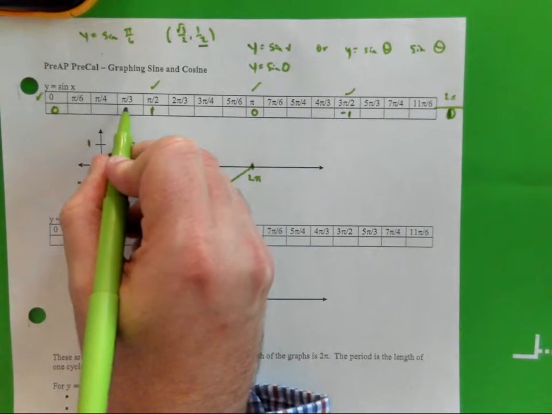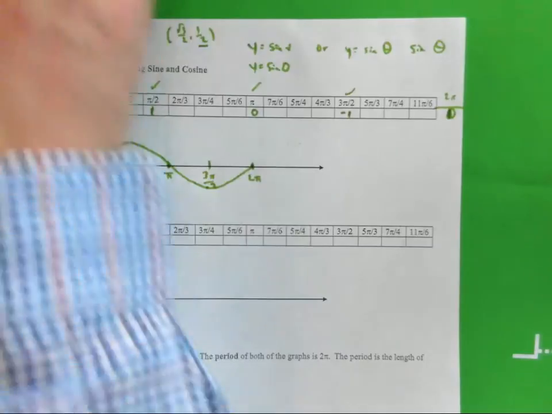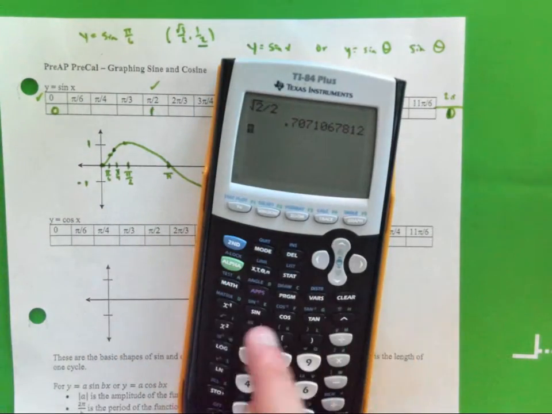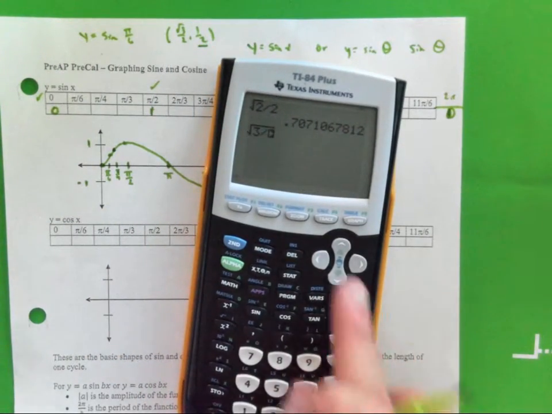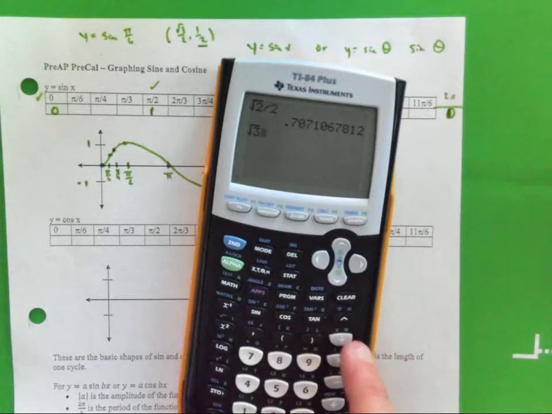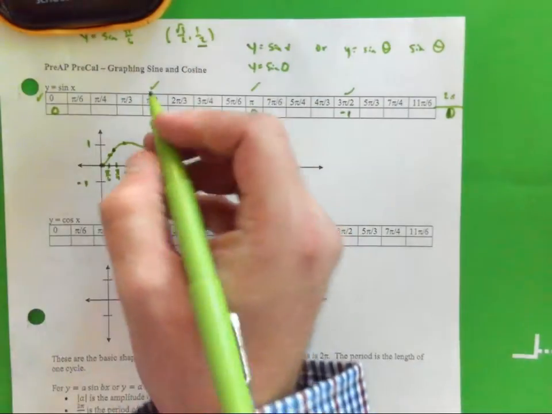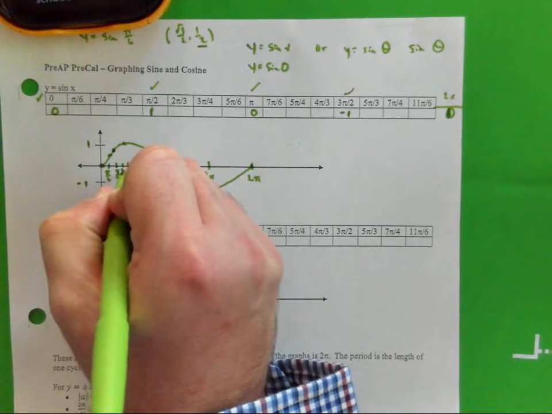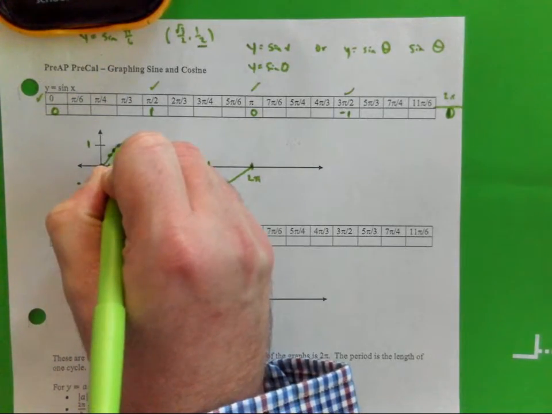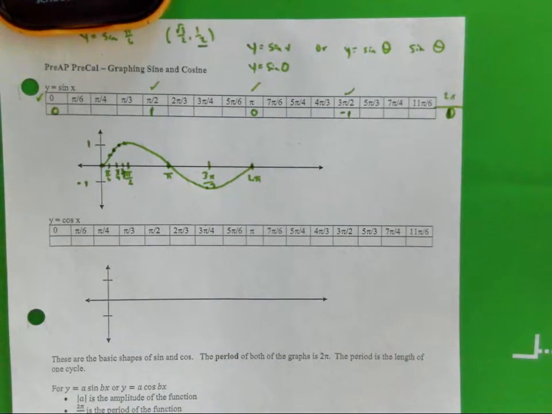If I did pi over 3, that would be square root of 3 over 2, wouldn't it? And that's 0.9. But do you see how all those little points are in between there? I'm not going to do that whole chart, but you see how that would work. Does that make sense? All right.